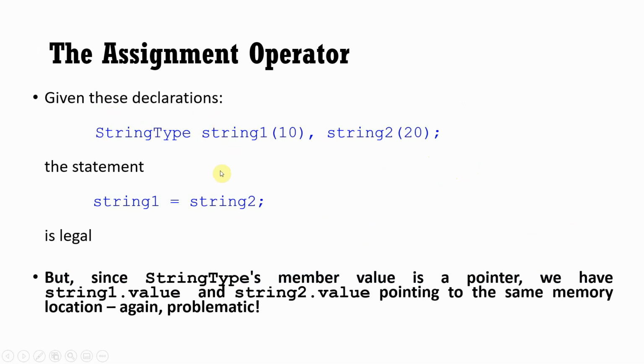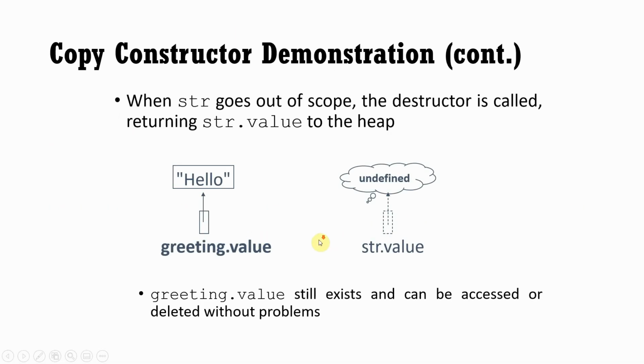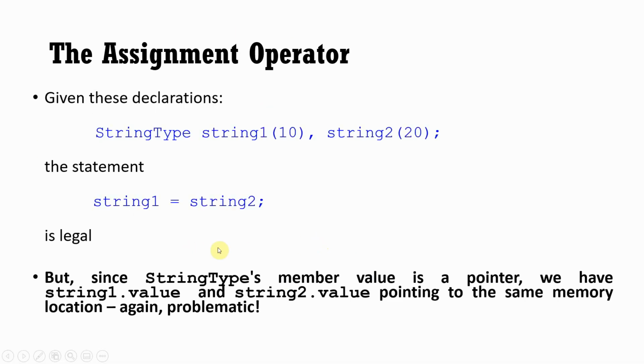The same concept applies for the assignment operator. If we don't define our assignment operator ourselves, the compiler would generate one for us, right? But this one also does shallow copy, so we would have the same problem that we had here.